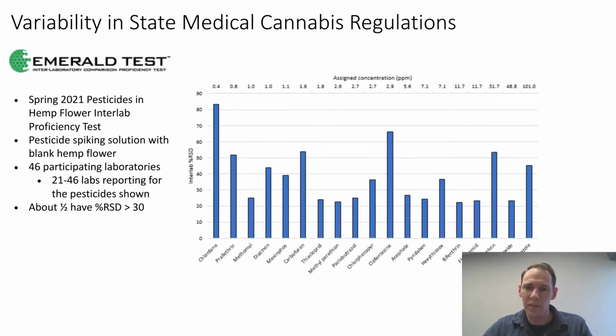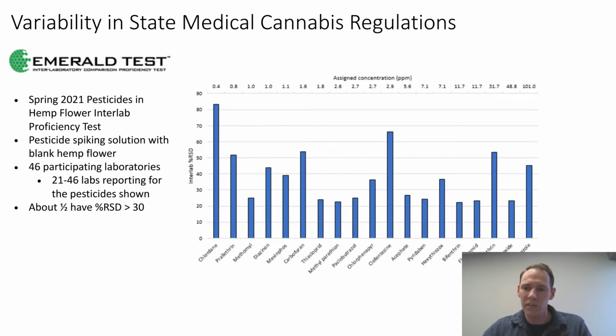And the lack of standardization also exists specifically for cannabis pesticide testing methods, analytical methods. And shown here are the results from an interlaboratory pesticide and cannabis proficiency test. So this is the 2021 Emerald test, which is specifically for pesticide in hemp flower.